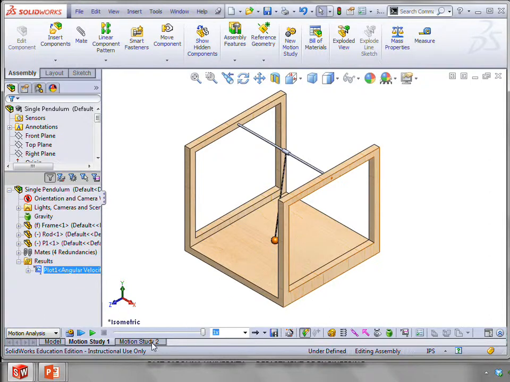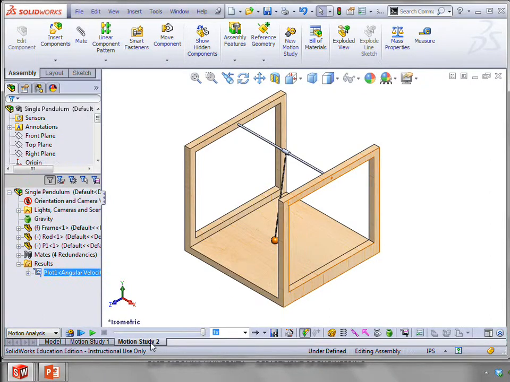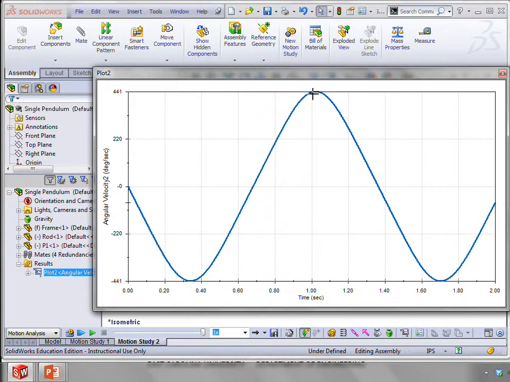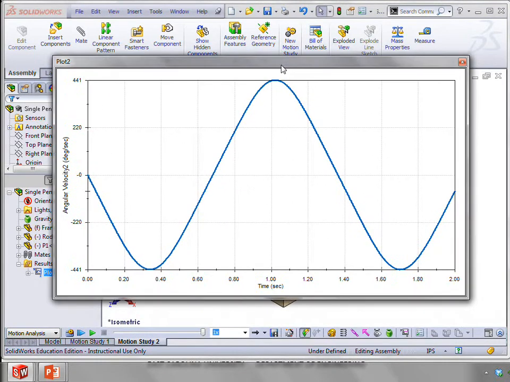Before I leave this and go back to the 15 pendulums in just a moment, this is the effect if I drop this from 90 degrees. If I look at, again, a plot of angular velocity versus time, you can see my period now is all the way out here to about 1.35 seconds. So now we've got a significant amount of error if I use the small angle approximation.